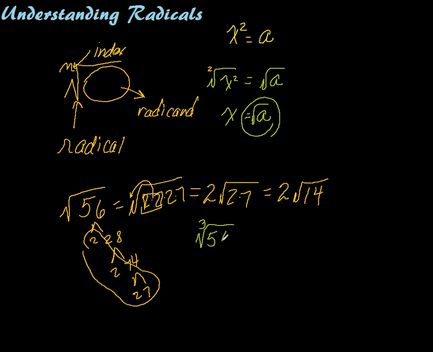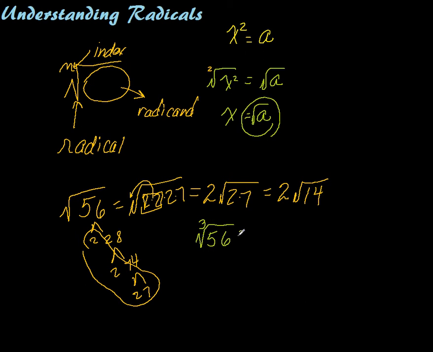We have special names for the square root and the cube root. When we say radical 56, we assume we mean the square root of 56. And when we say the cube root, we mean 3. So the index here is 3.